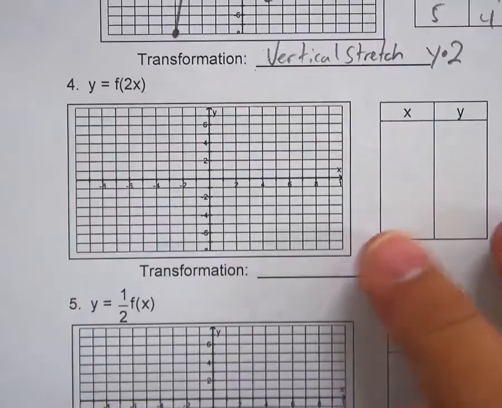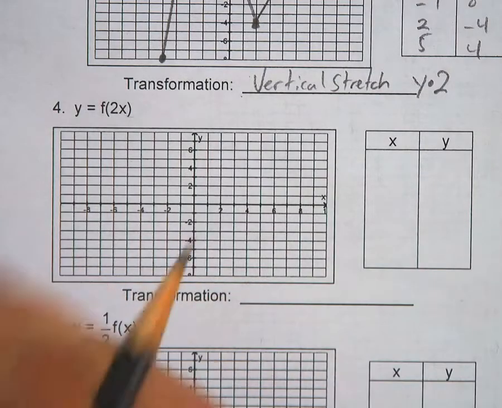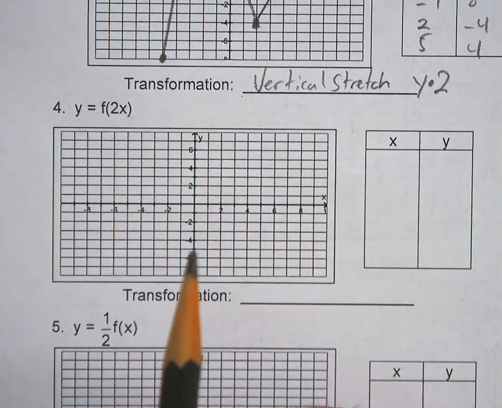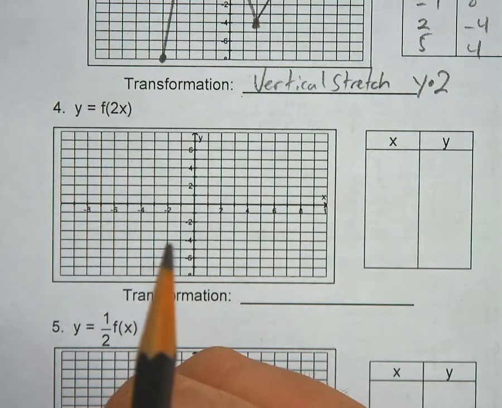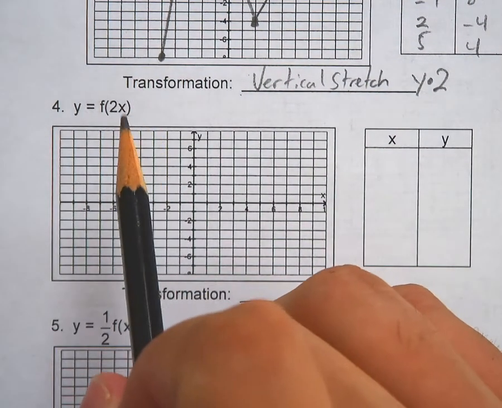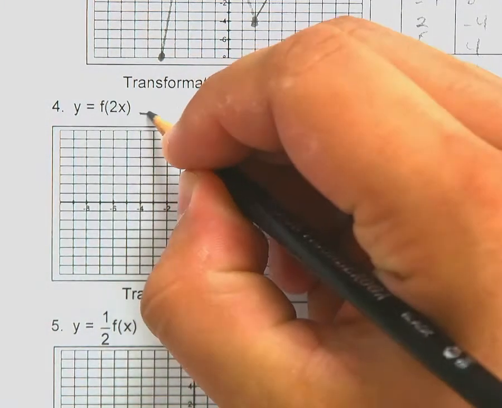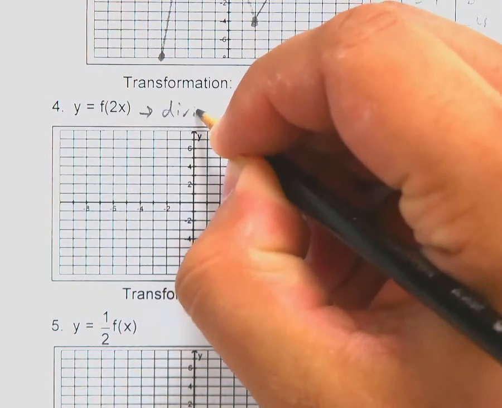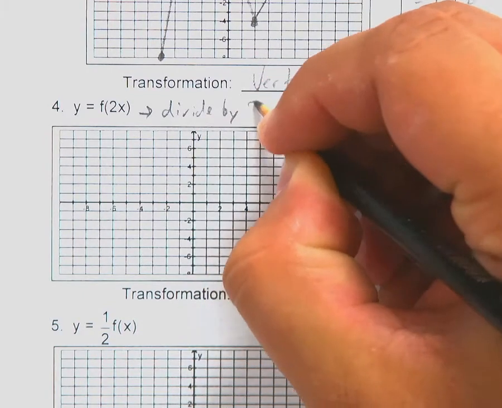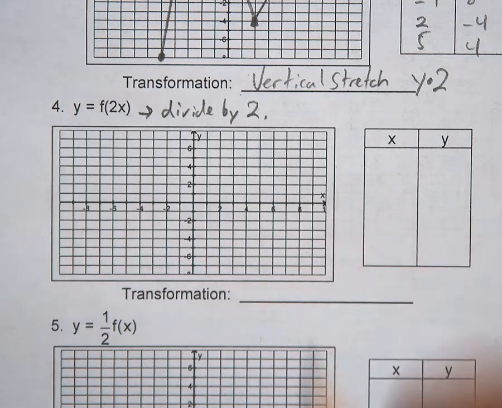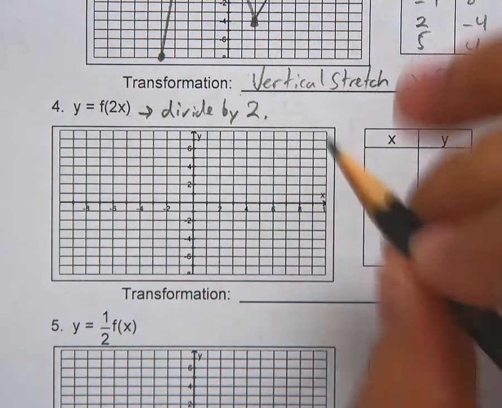Okay, let's get to 4. You see something in the parentheses here? Automatically, that tells you that you need to do the opposite. So if we're starting off multiplying 2 times x, what would the opposite of that be? I want to divide by 2. Now, what am I dividing? I'm dividing x by 2.